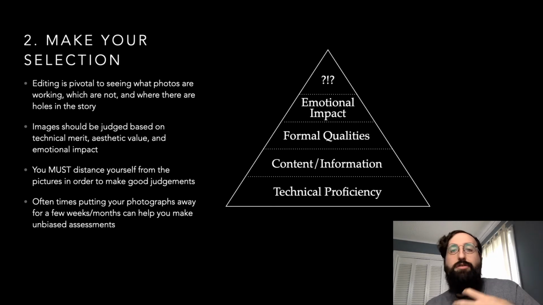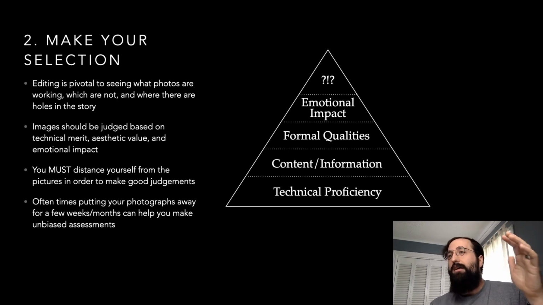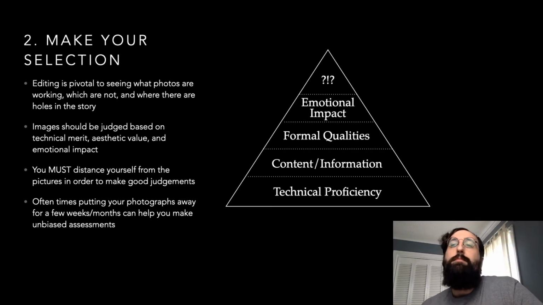You see an image or a picture and you don't even think about the formal qualities and the content. It just strikes you in such a deep way. It's the furthest from a cerebral experience that you can get. And I don't even have a name for this. This is the unnamed quality of an image. And I think this is the absolute goal of making a picture that does this to someone.